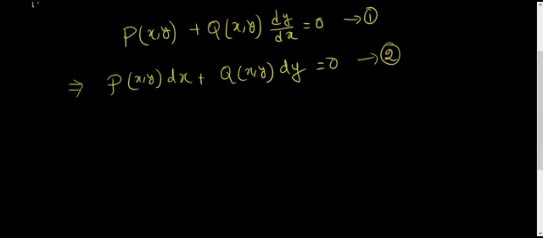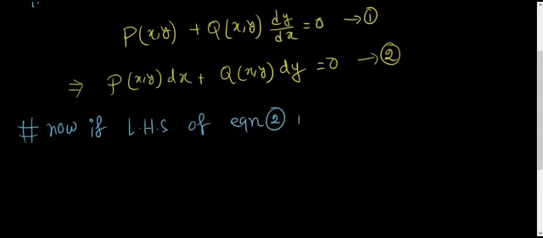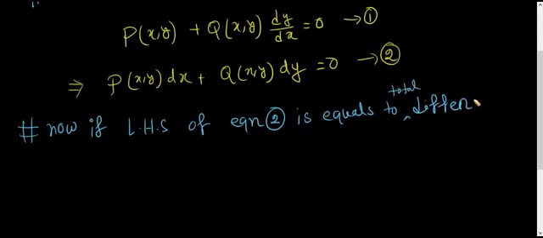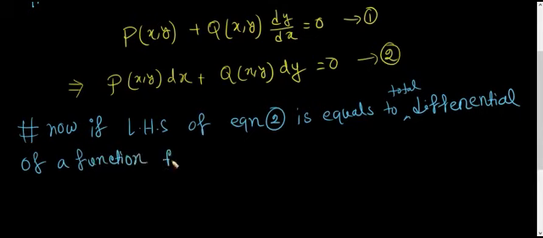Now if left hand side of equation 2 is equals to a differential, that is a total differential of a function f(x,y), then we are calling equation 2 to be an exact differential equation.